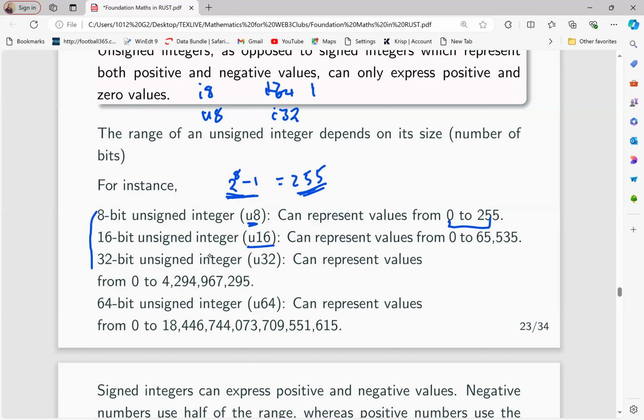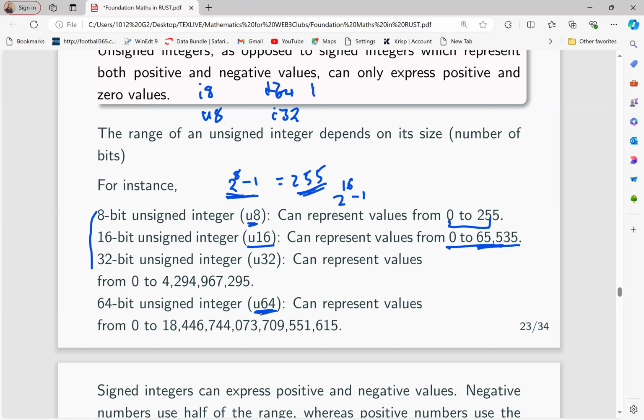Now, 16-bit is 2 raised to 16. The answer you get minus 1, which is 65,535. So when you talk of u16, it means you are dealing with the numbers in this range. That's what it means.